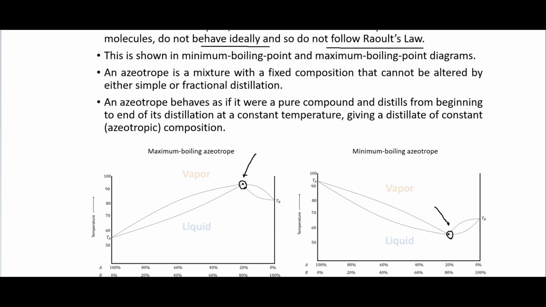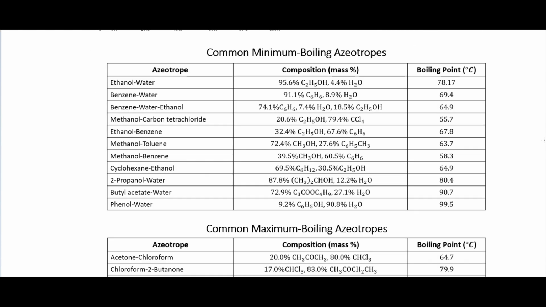So an azeotrope is a mixture with a fixed composition that cannot be altered by either simple or fractional distillation. An azeotrope behaves as if it were a pure compound and distills from beginning to end of its distillation at a constant temperature, giving a distillate of constant azeotropic composition. So these are some common azeotropes here.